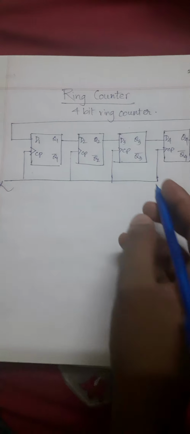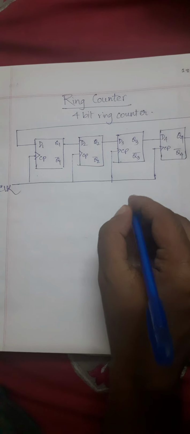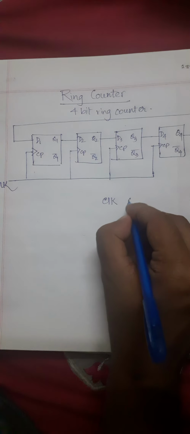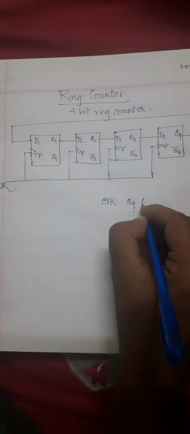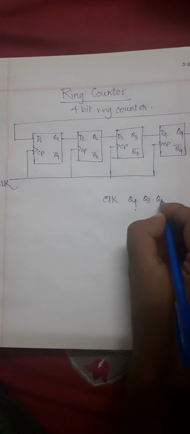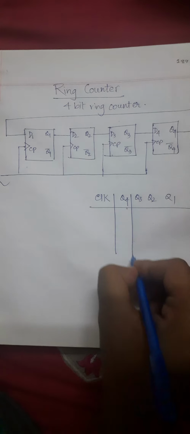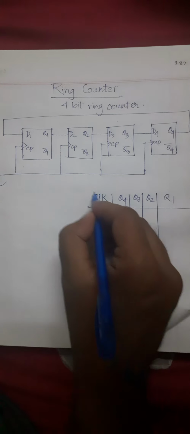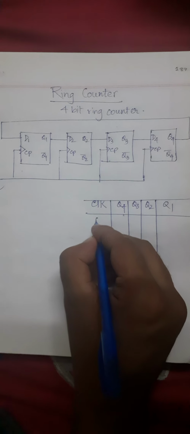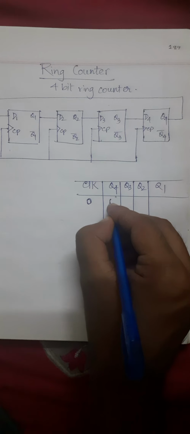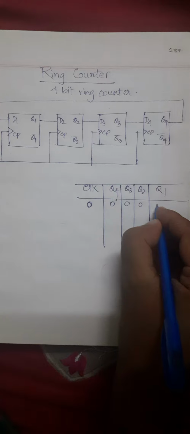So let's try to build a truth table. We will have clock, then we have Q4 Q3 Q2 Q1 and so on. Let's assume when the clock pulse is 0, at that very point we have 0 0 0 1.